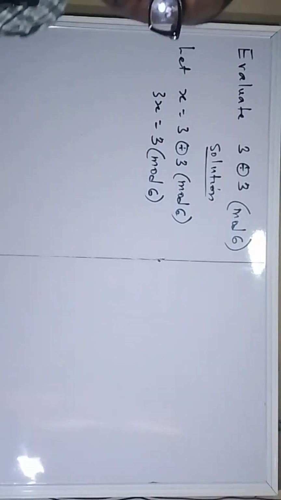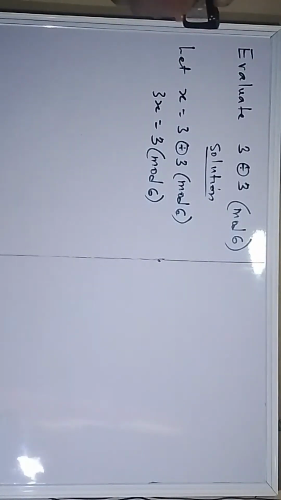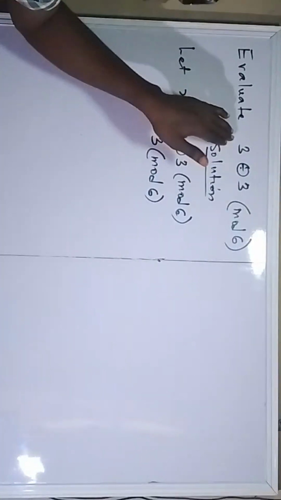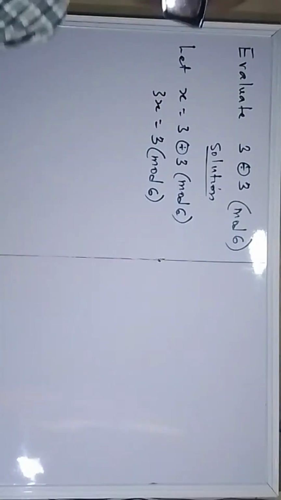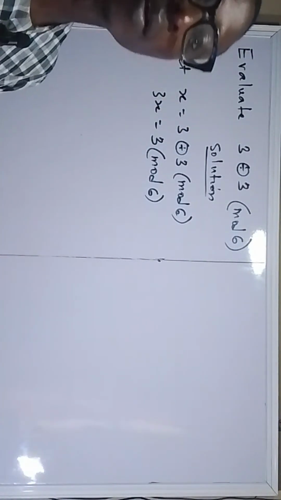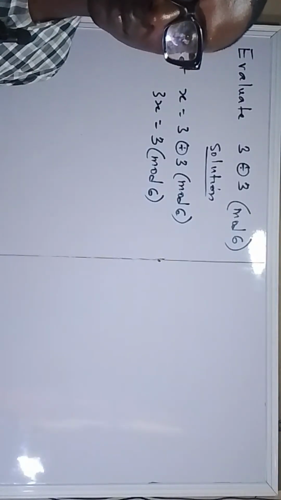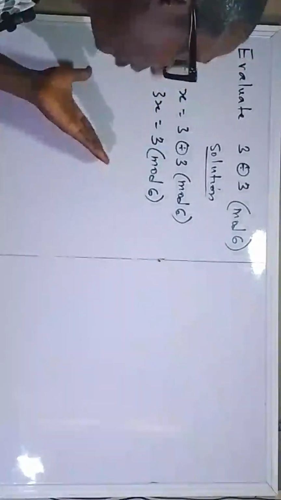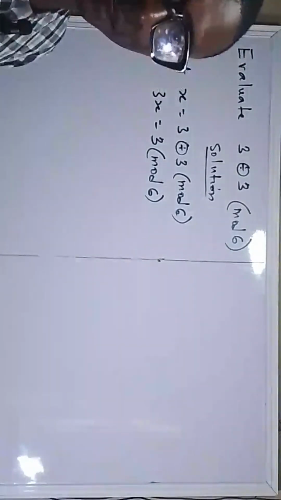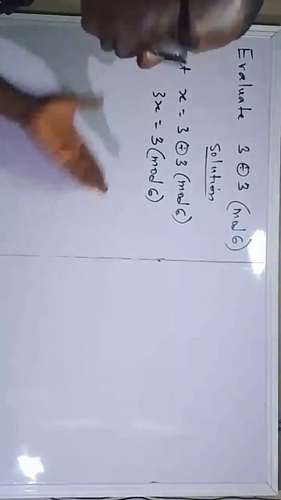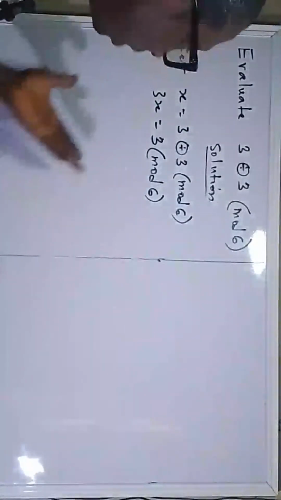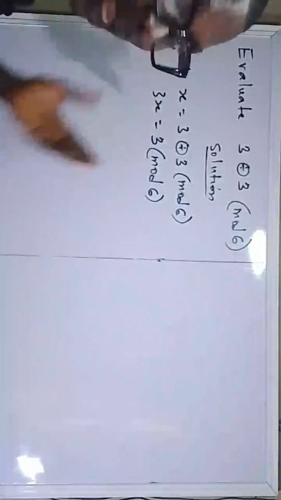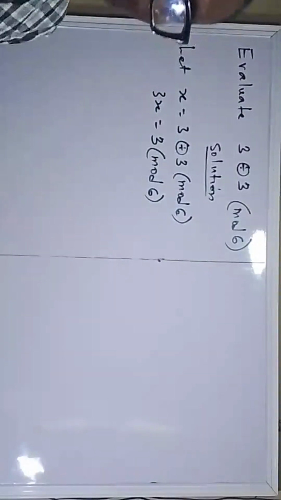Before we solve this problem, I want to say this. When you are solving questions that have to do with division in modular arithmetic, you can have more than one solution. So you have to be careful not to just solve, get one answer and run away. It seems this one has more than one solution, so let's go through it together.